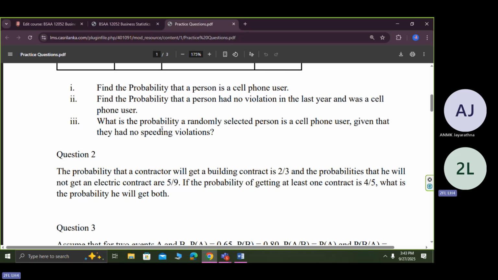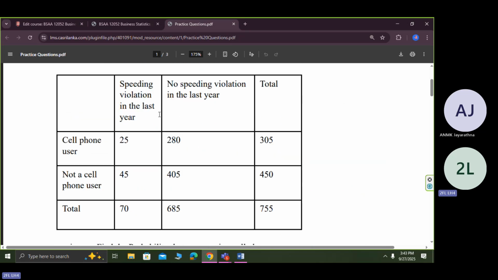Okay, then it's true that they are cell phone users and they violated speed, but what does the question ask? What is the probability that the particular person is a cell phone user given that they had no speeding violation? It's clear. Now, no need for any formula to write the answer. First we identify the first event: they had no speeding violation.